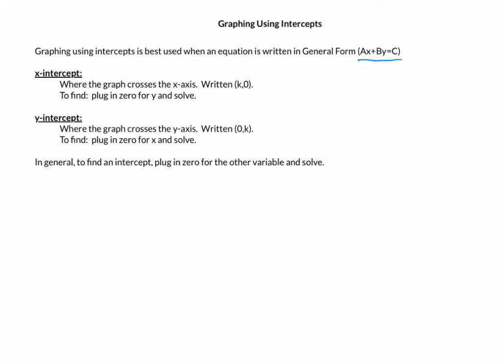We can have whatever letters we want, c's, t's, whatever. So in general, to find an intercept, you're going to plug in 0 for the other variable and solve. And notice that for x-intercept, you plug in 0 for y. For y-intercept, you plug in 0 for x. We always plug it into the other variable.